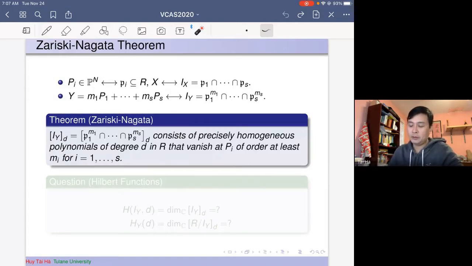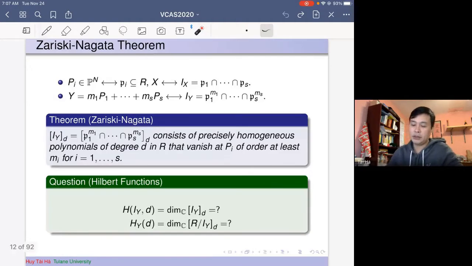And so the polynomial interpolation problem is really a problem about Hilbert functions. Here I'm using H_I(d) to indicate the dimension of the degree d piece of the ideal, or I can just look at the Hilbert function of the variety and let H_Y(d) denote the dimension of the quotient of the polynomial ring by the ideal.